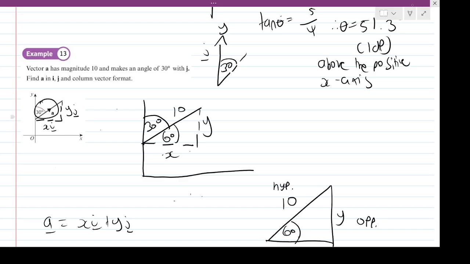Which we can see there, okay? It makes 30 degrees with the j vector or the y-axis, right? They're effectively the same thing, okay? So yeah, I thought I'd just go over that. That's what that means, right? An angle of 30 with j means 30 degrees effectively with the y-axis, okay? Right, okay.